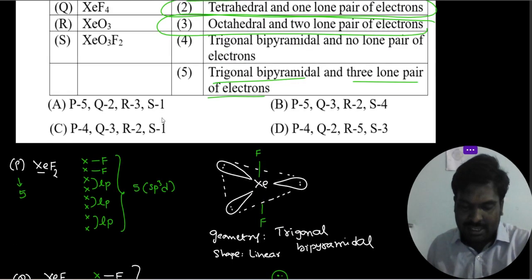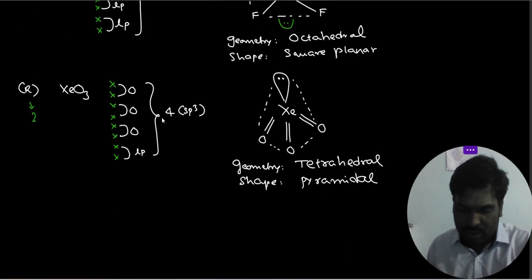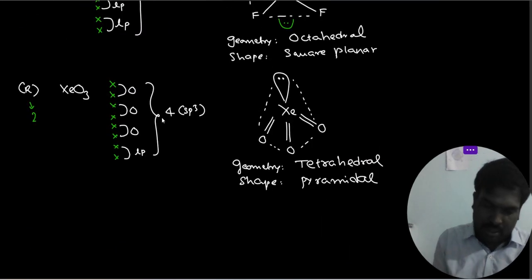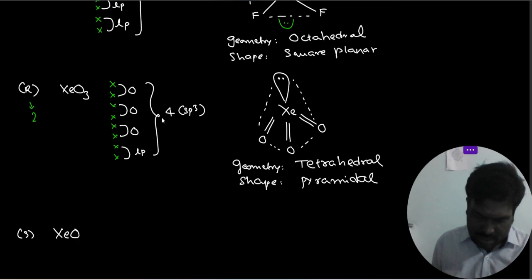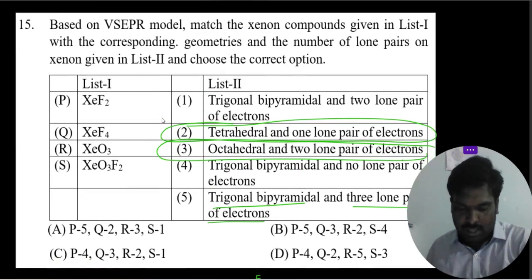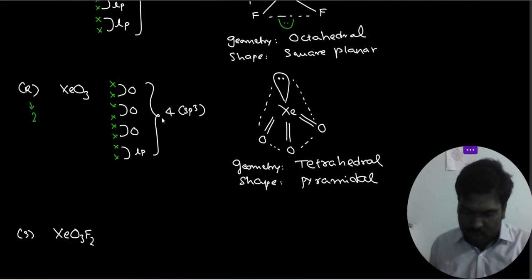What is that? XeO3F2. We can check once. Xenon has 8 electrons.